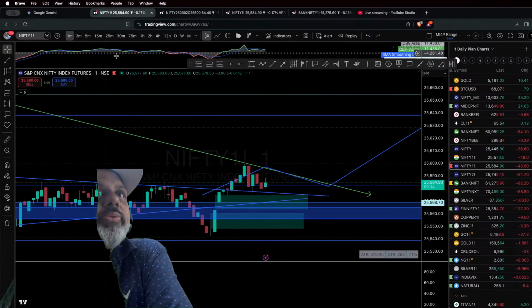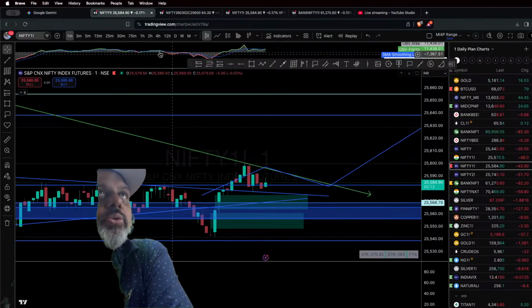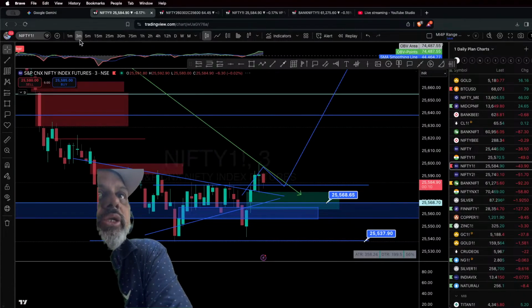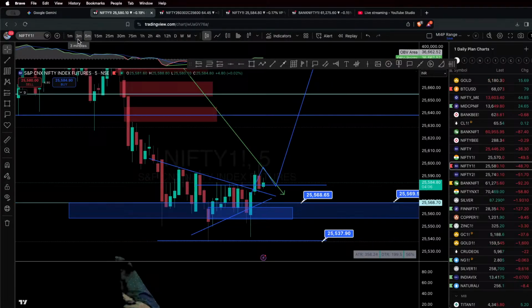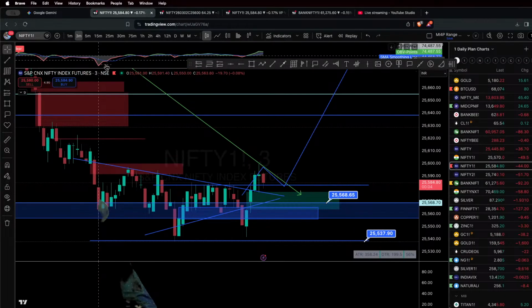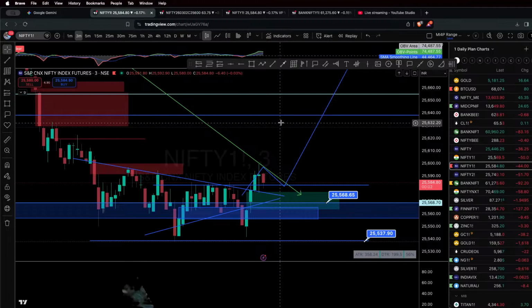And what is the 1-minute doing? The 1-minute is also stalling, so is the 5-minute. The 3-minute is bullish, but the really bullish one that we need to look at is the 3-minute because it has taken support at a fair value gap and is trying to move higher.